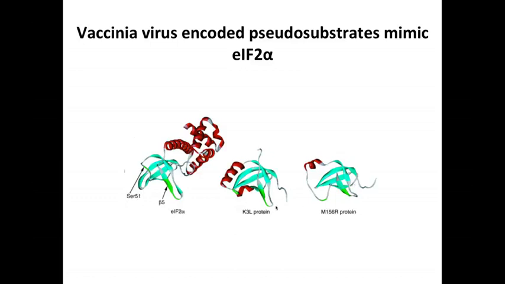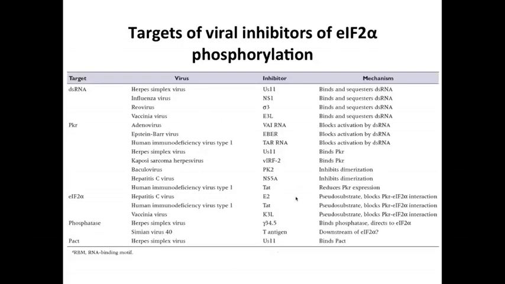So these two proteins, K3L and M156R, they bind PKR, and they're made in big quantities in infected cells, and they basically sop up all the PKR so it can no longer go to act on eIF2alpha. So they're pseudosubstrates. And on this table, I've listed a number of different mechanisms that are active in many virus-infected cells to antagonize this PKR system, essentially.